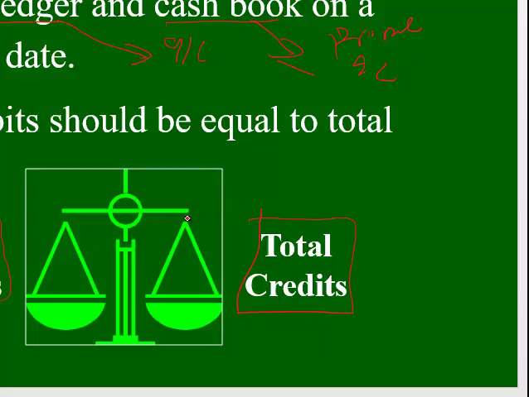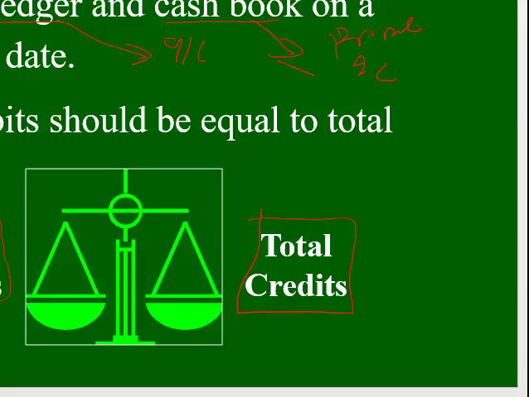So if they are equal, then we say our trial balance is balanced. But if they are not equal, then we say the trial balance is not balanced. So we must know at this point that all the accounts we open, we summarize them, carry their balances into the trial balance, and see whether the trial balance will balance or not.